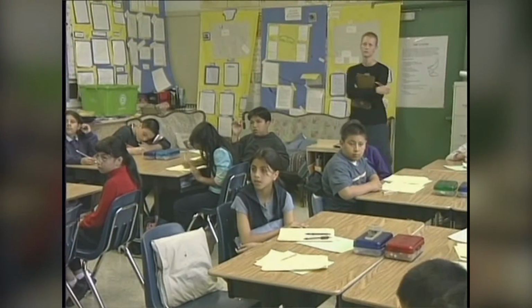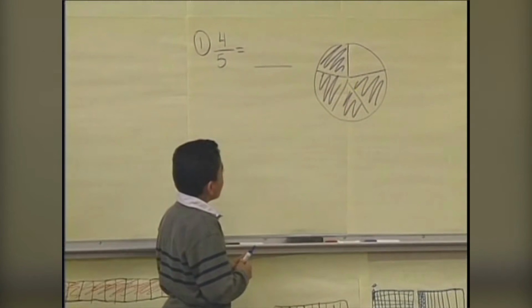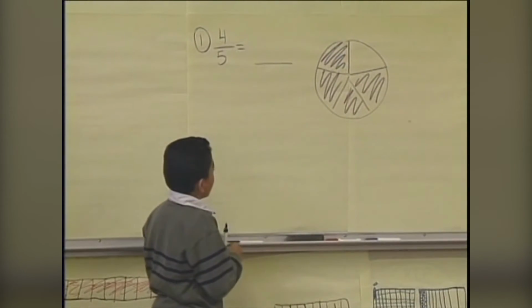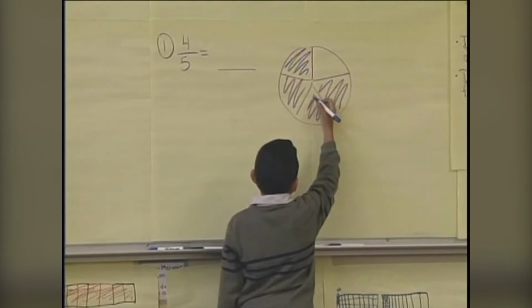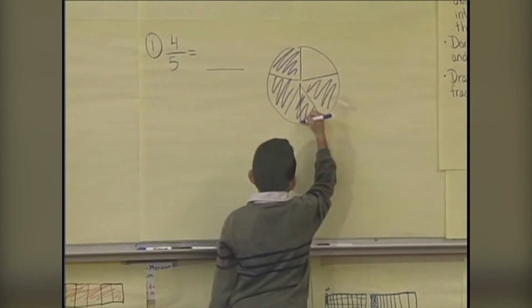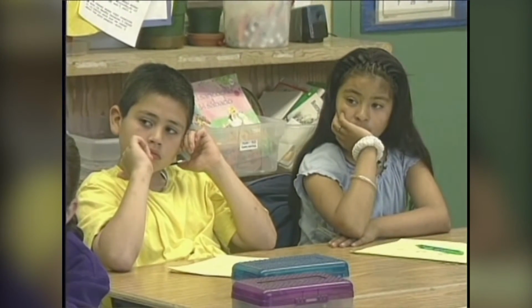We thought that it was 8/10 because in decimal you have to make it into tenths, hundredths, or thousandths, and so you had to make this into tenths. So we just did each one. We divided by 2. It's kind of cut into tenth parts, so then it's 8/10.